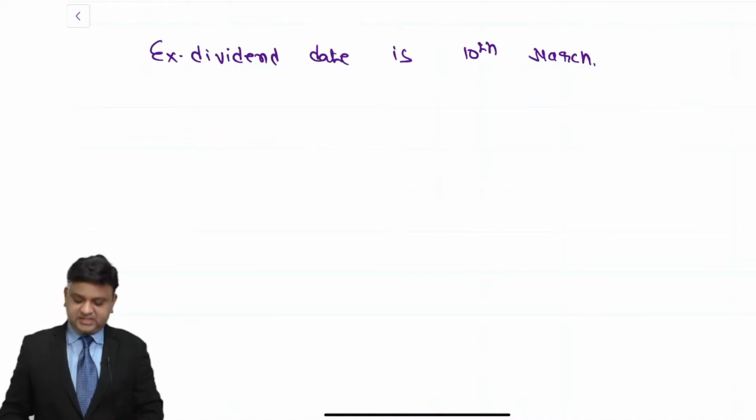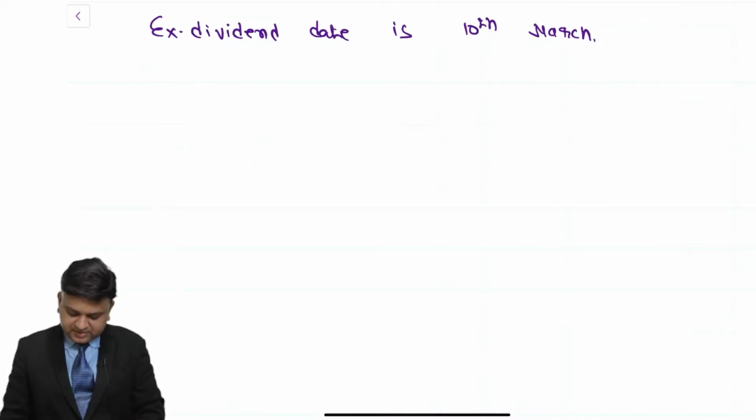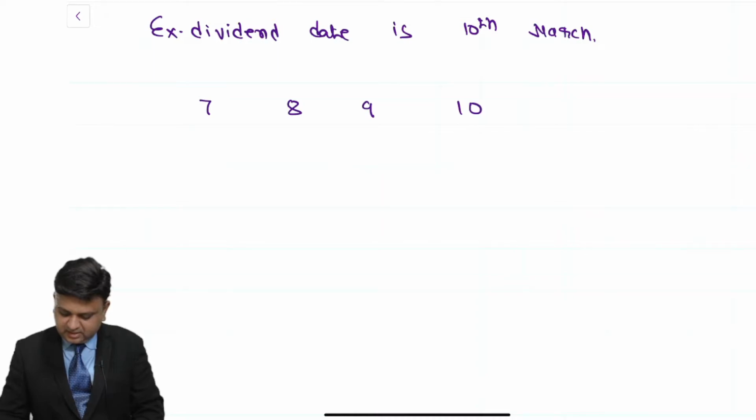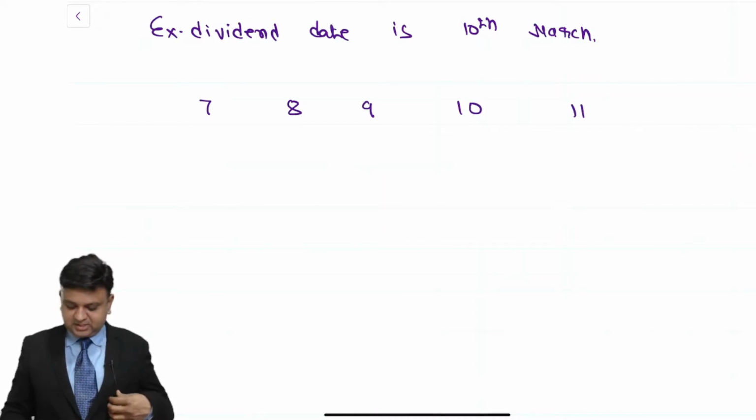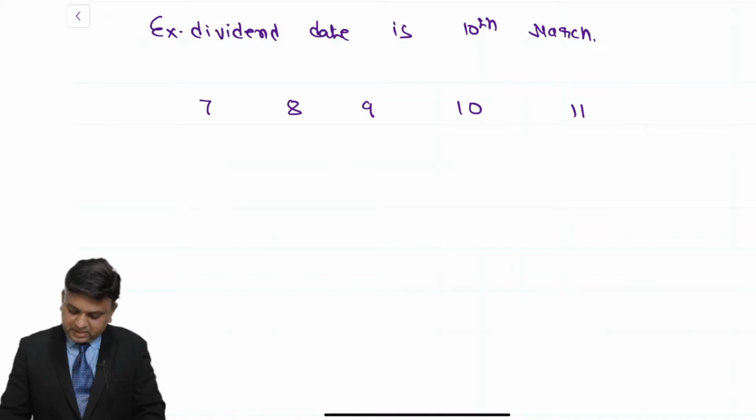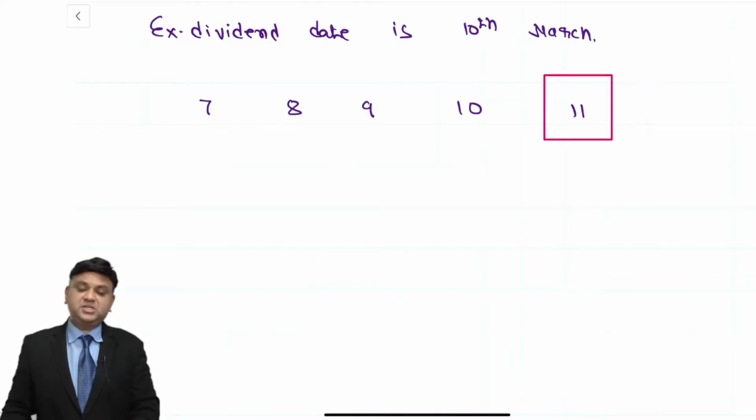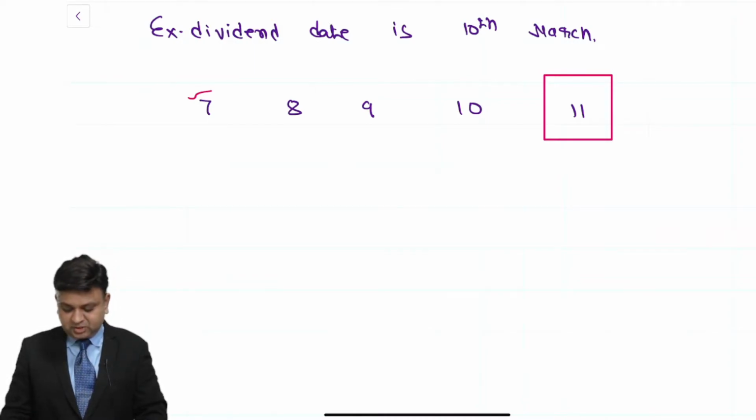Let us understand why it is 10th March. I am just taking the dates randomly: 7, 8, 9, 10, 11. The question says that if you are a shareholder as per the shareholders register on 11th of March, you will be entitled to receive the dividend. Suppose you purchase the security on 7th, then your name will be in the register on 9th. If you purchase on 8th, your name will be there on 10th.